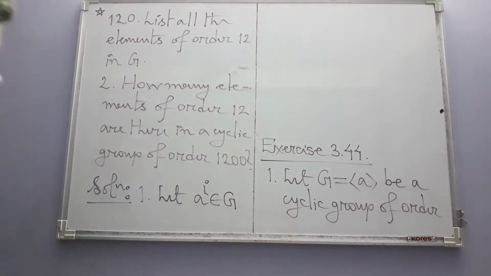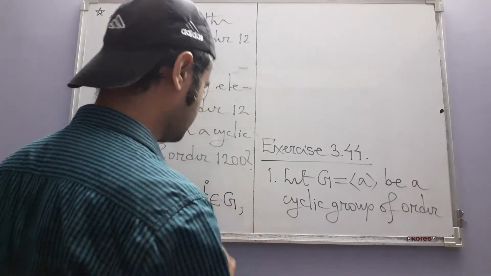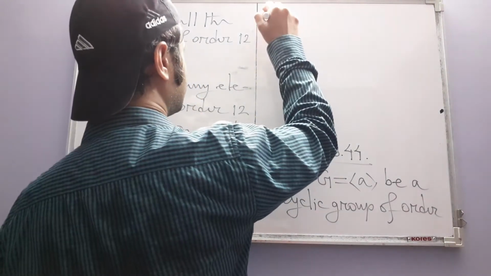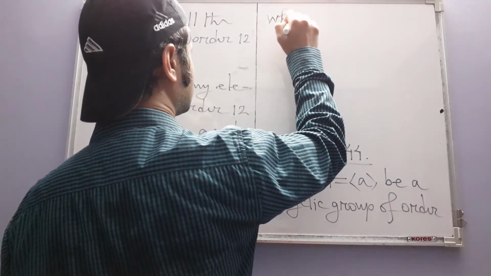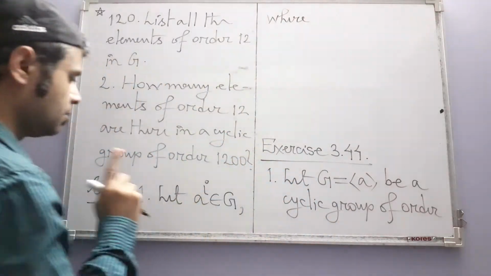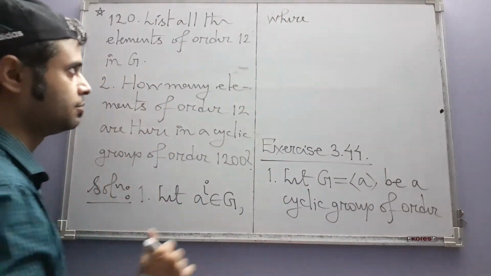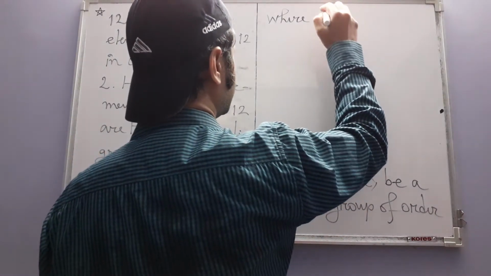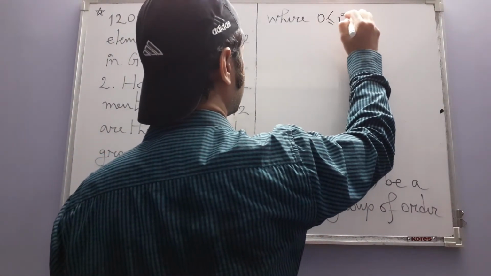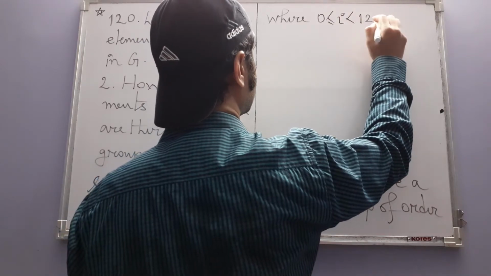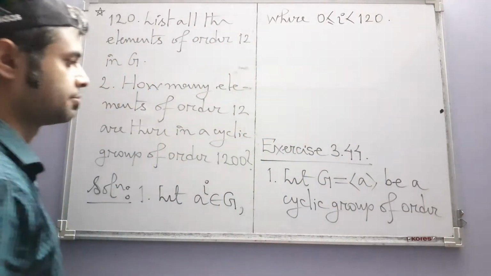So we mention where, because this group has order 120, so we can take I like this.